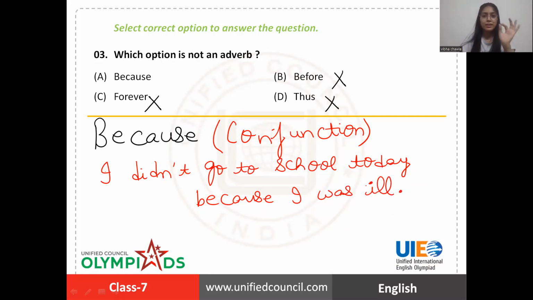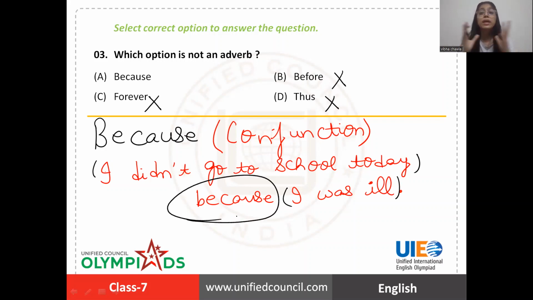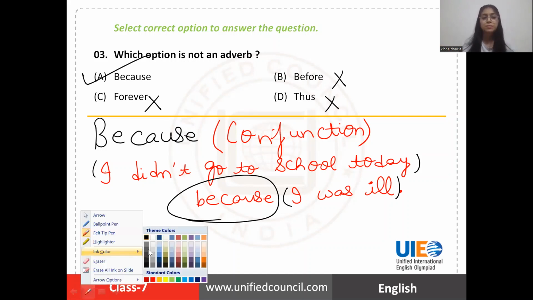You see, in this case, because is a connector. It's a conjunction which is used to connect two clauses. I didn't go to school today. It's the first clause, right? And then there is another clause, I was ill. And we are using because to connect them. So it is a conjunction and not an adverb. So right answer here is option E.